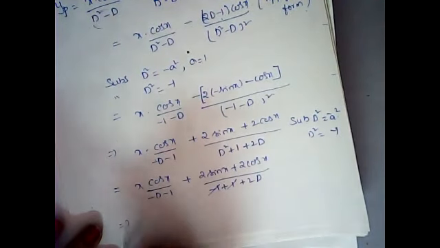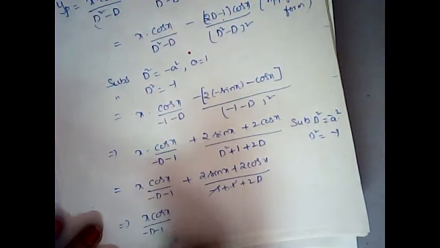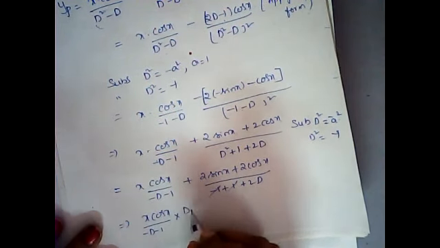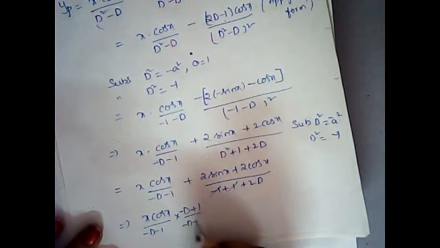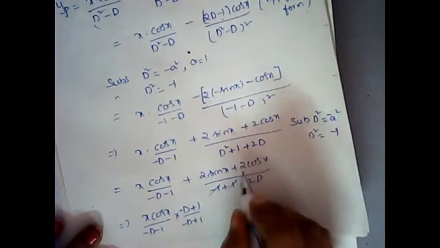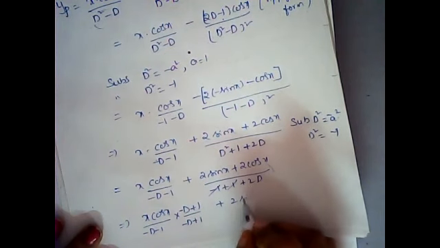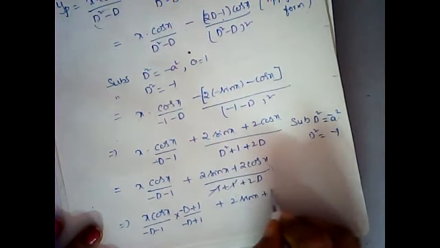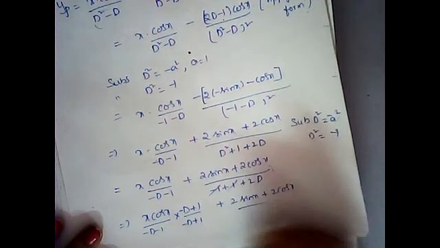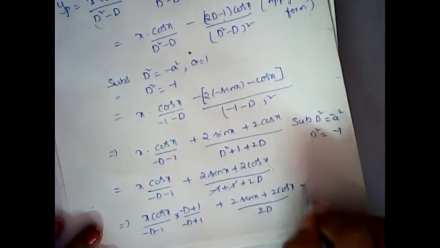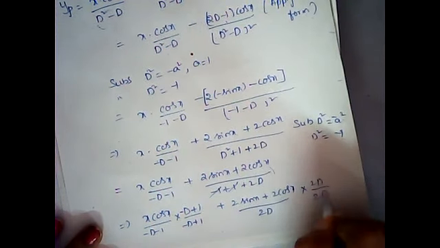So we need to rationalize it now. So x cos x by minus D minus 1, we need to rationalize here with minus D plus 1 by minus D plus 1. And for the second term, 2 sin x plus 2 cos x by 2D, we need to rationalize it with 2D by 2D.